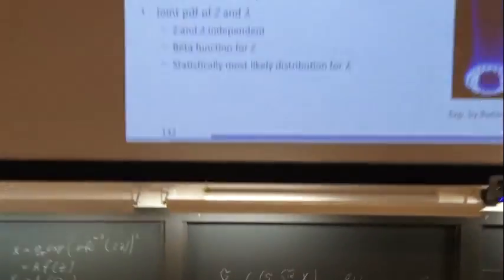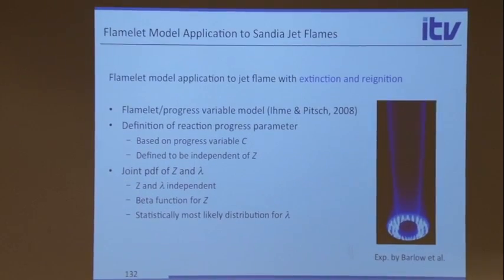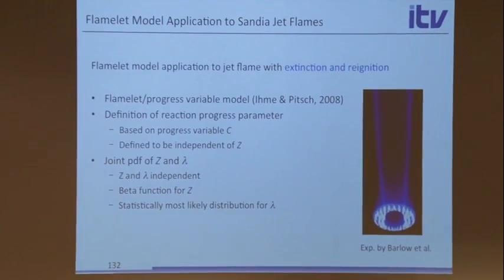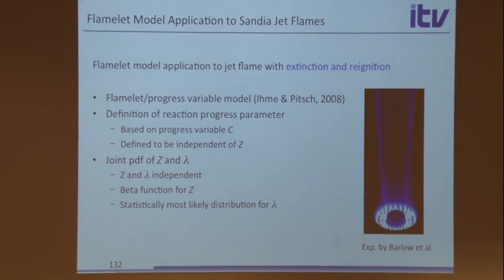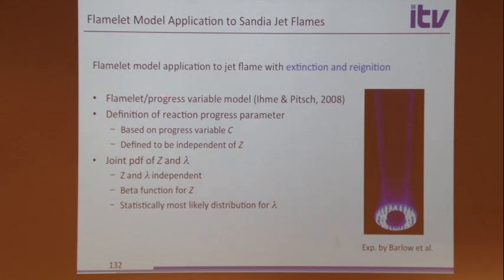Good, so this is another. We said earlier, the Flamelet model should not be good if you look at extinction, because the assumption is actually not correct anymore. But we looked at extinction, extinction reignition, and we figured if you want to predict extinction, then the dissipation rate itself is not good enough.